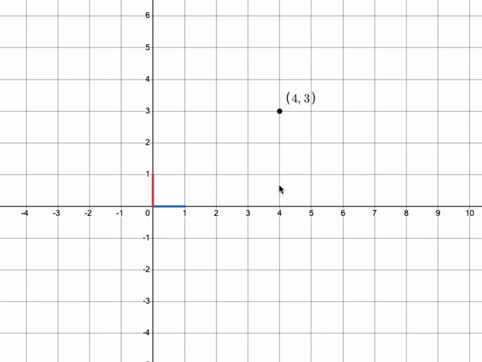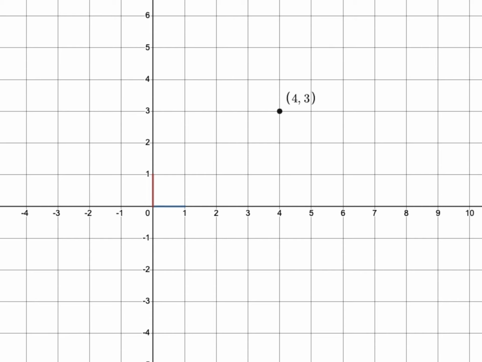Each block going to the right indicates how many copies of the blue vector we're doing, and each block going up indicates how many copies of the j vector, or the red vector, that we need. And so to arrive at the point 4, 3, we simply need to go across 4 blocks. So we would do 4 copies of the i vector and then go up 3 blocks and do 3 copies of the j vector to arrive at this location.